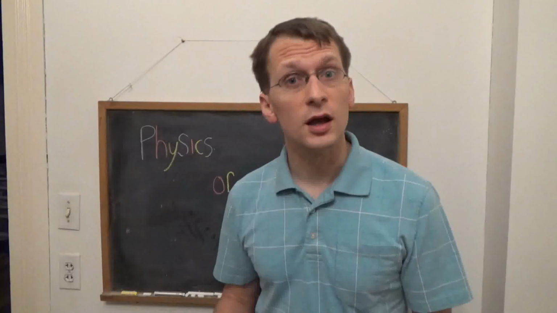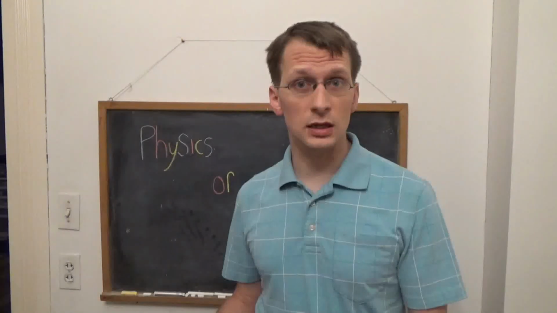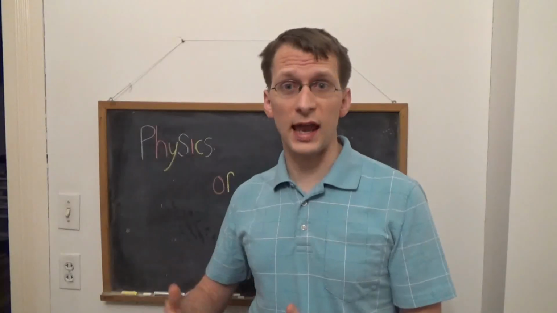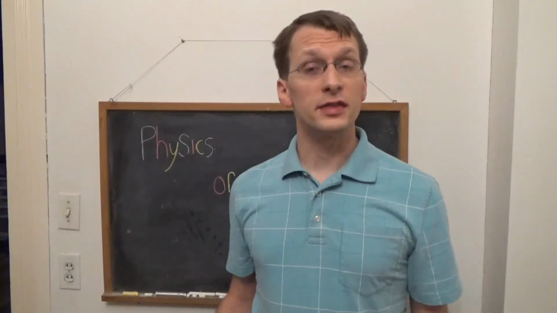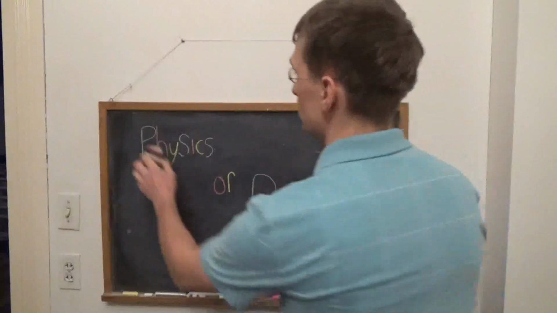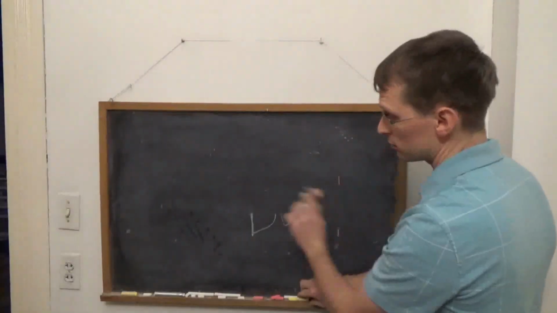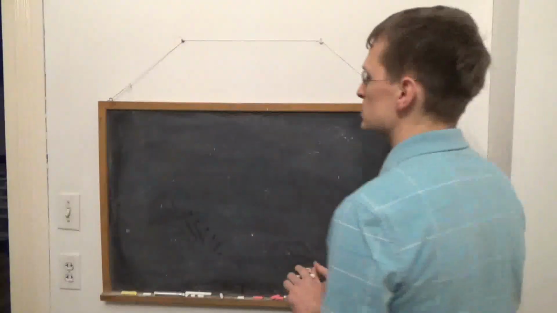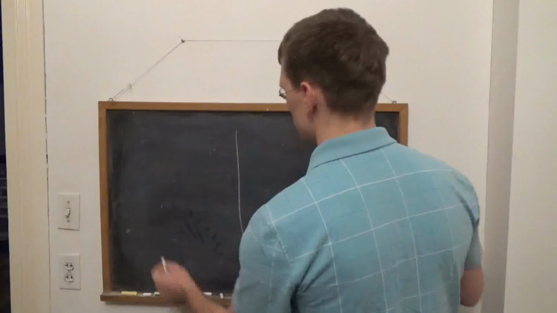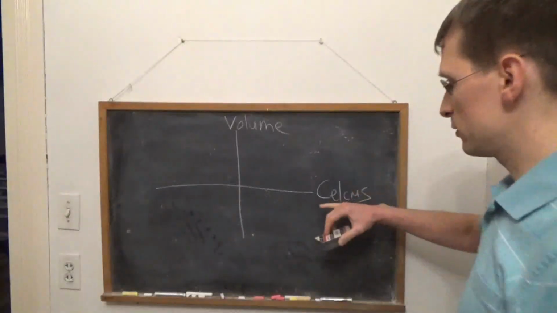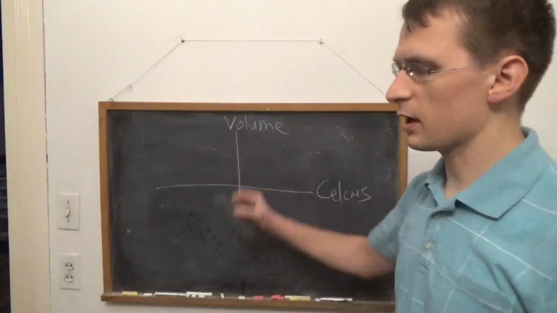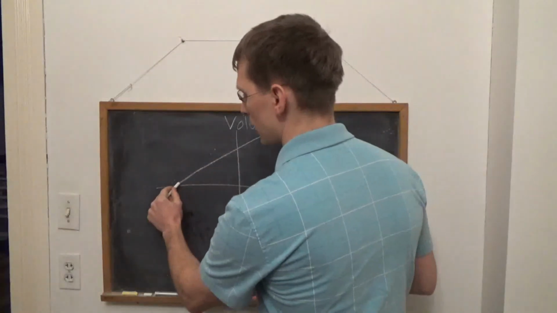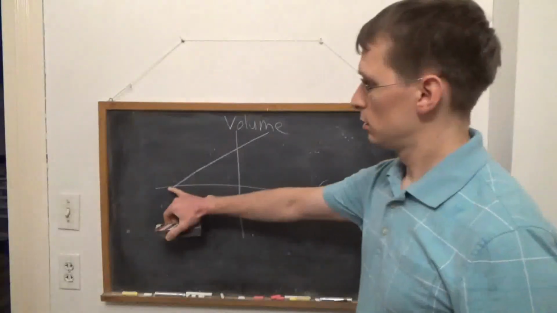50 years later, there were scientists using the Celsius scale, and while they were looking at the gas laws, they realized that if you chart the volume of an ideal gas versus the temperature in Celsius, so you have Celsius as your X, volume as your Y, you end up with the volume going and hitting somewhere here. Right?